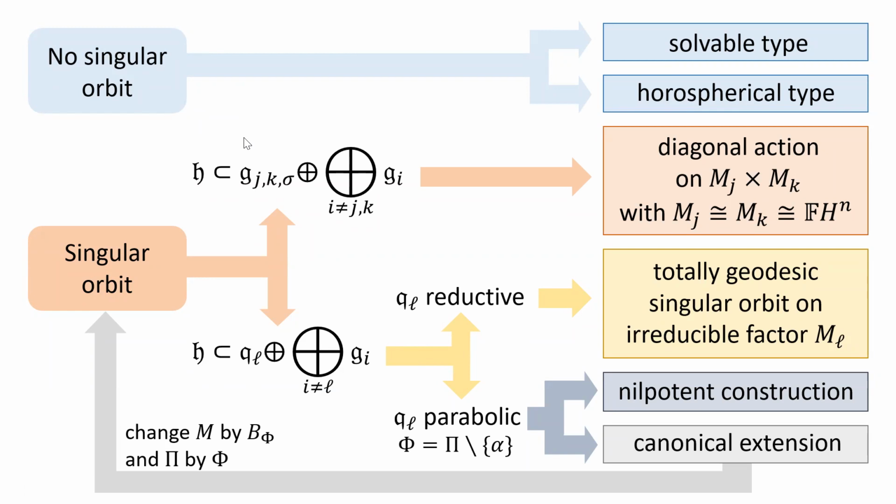And then we do it recursively until we arrive at the point where it doesn't come from any canonical extension anymore, and then it's one of the remaining situations. Okay, thank you. Yeah, exactly.